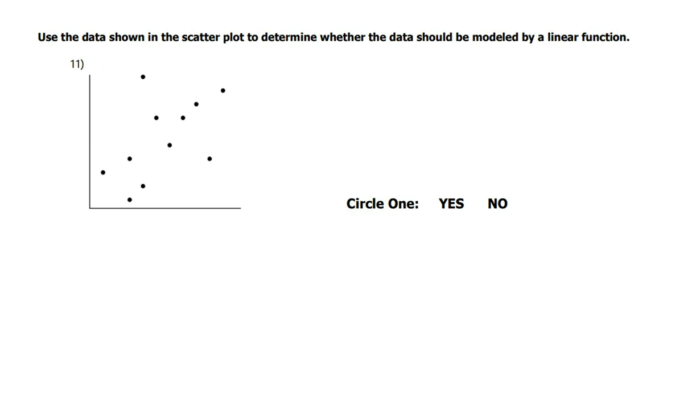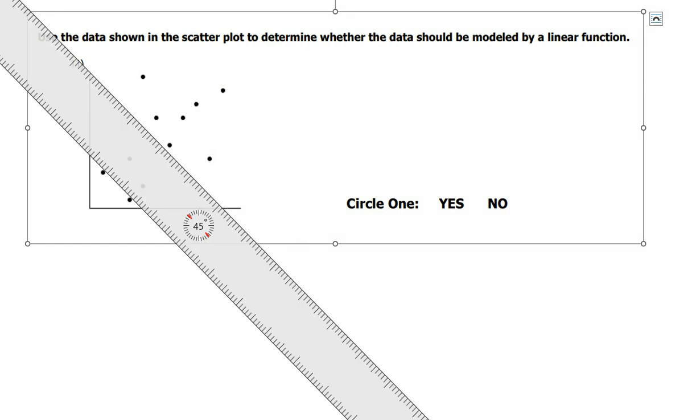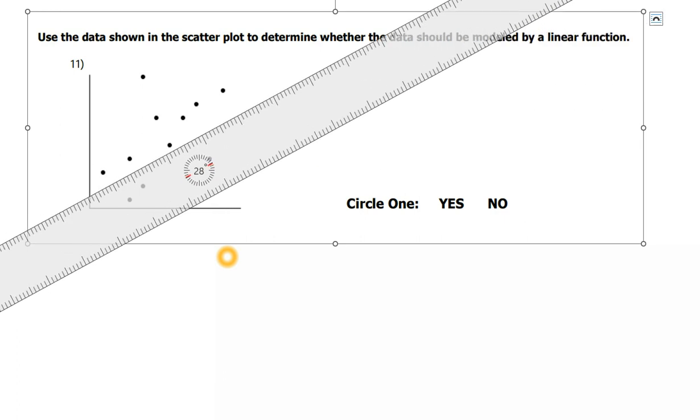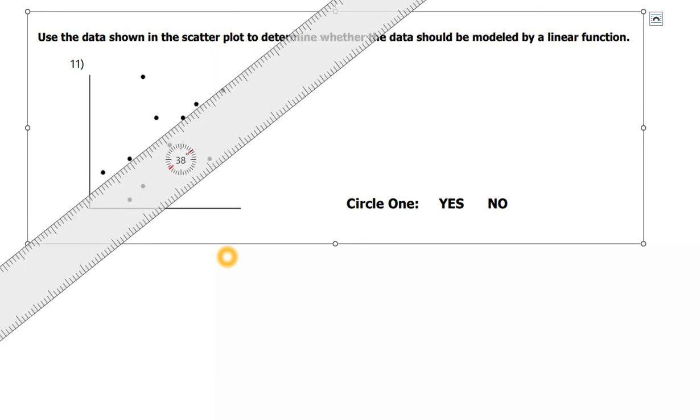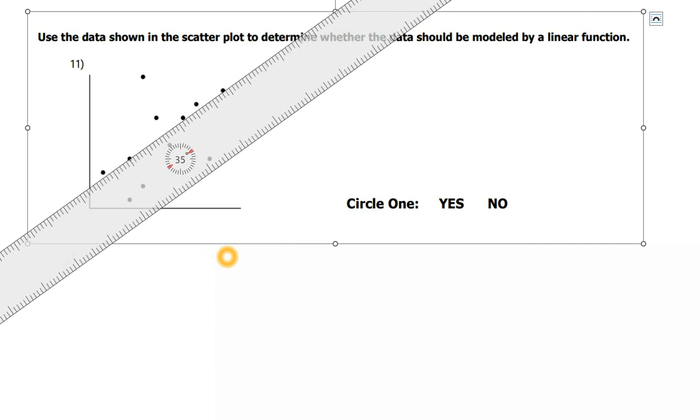But use the data shown in the scatter plot to determine whether the data should be modeled by a linear function. And I actually have a ruler on here I can put. There it is. If I move my ruler around, it doesn't really fit all these points very well.